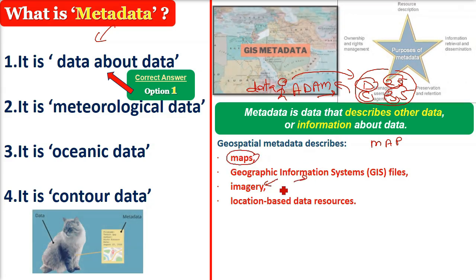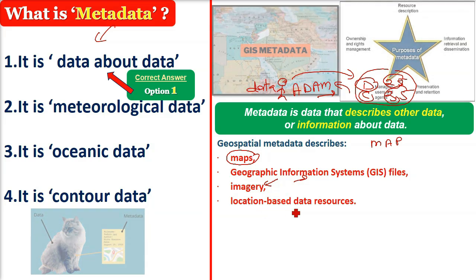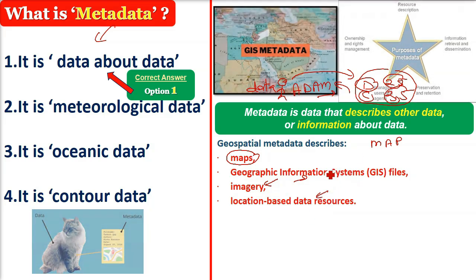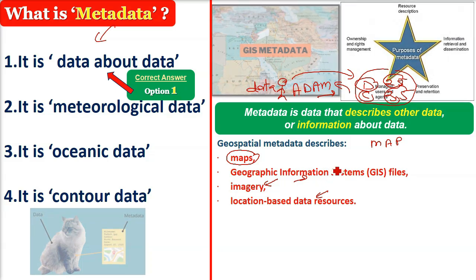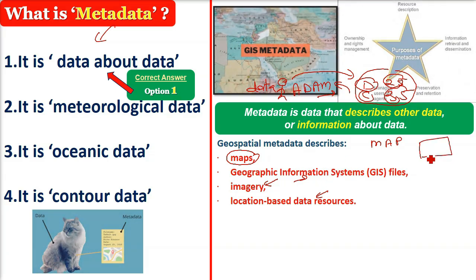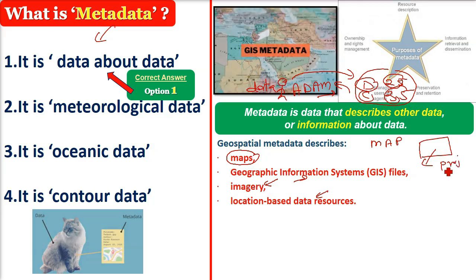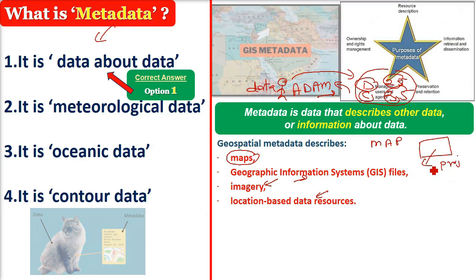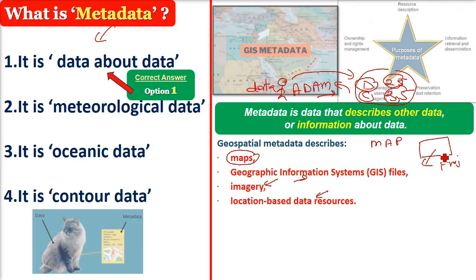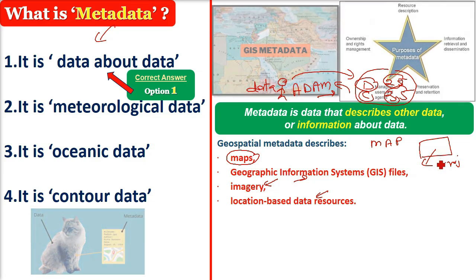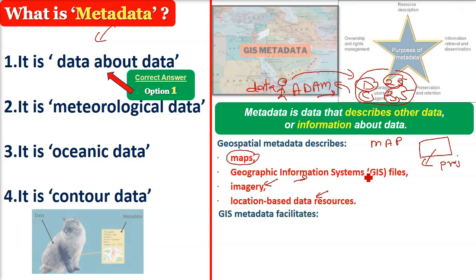All these are defined only when you have geospatial metadata, that is the data about this data, which describes or defines it more. If you just give a map to someone, they will not understand. You have to ask what is the projection of the map, what is the datum of the map, where the data has come from, when it was taken, what is the quality of the map. All these are metadata information.